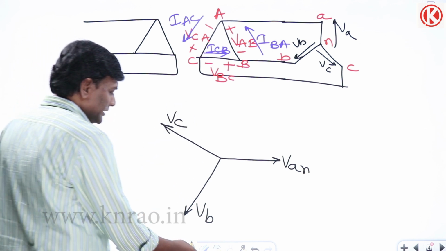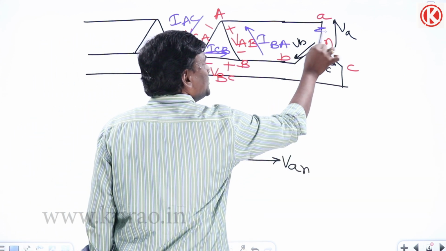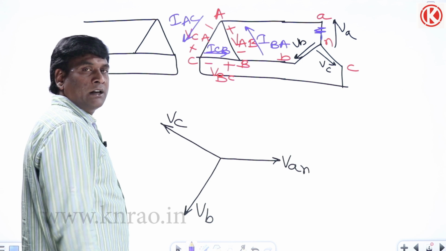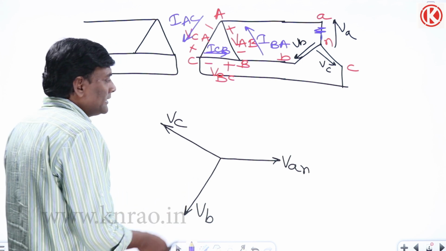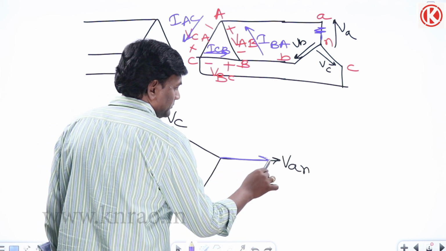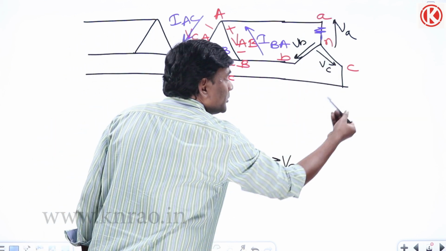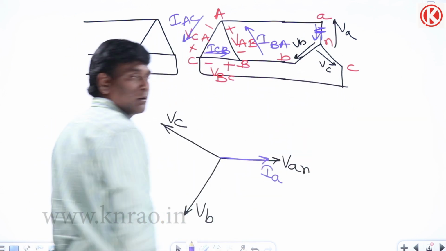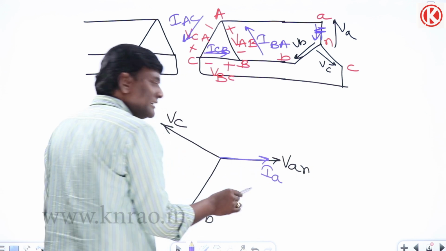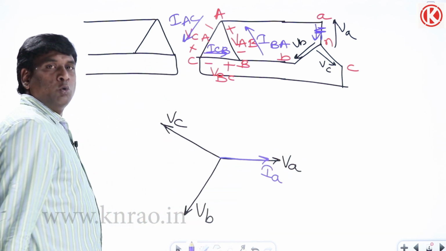Now if you think of current, if I have a resistive load, current should be in line with voltage. Then the current is going to be IAN, because plus to minus current will go. So if I write VAN, it is going to be IAN, because it is load.